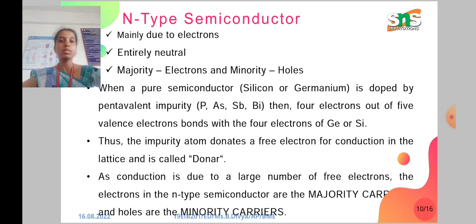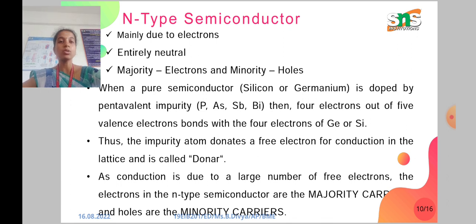When a pure semiconductor, that is silicon or germanium, is doped with pentavalent impurities such as phosphorus or arsenic, 4 electrons out of the 5 valence electrons bond with the 4 electrons of germanium or silicon.